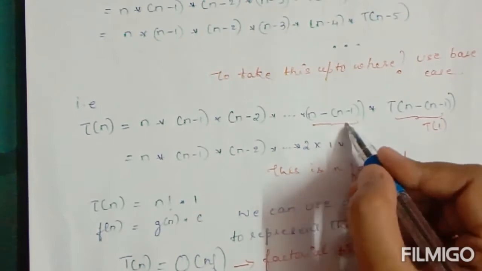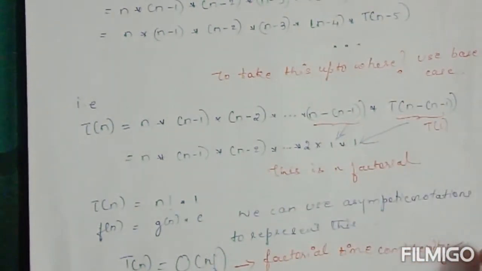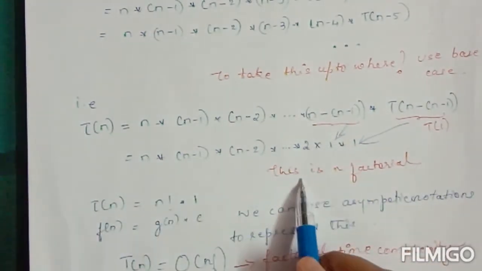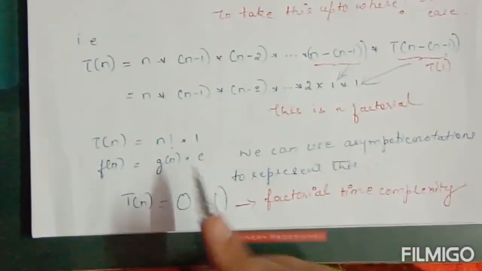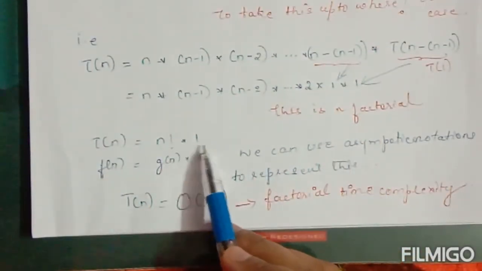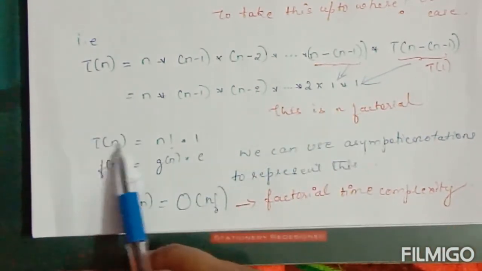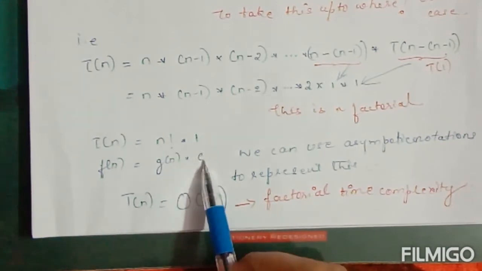This will be the 1. So as you can see, this is nothing but our n factorial, right? So our t of n equals n factorial into this one. So you can see here I can tell this is f of n equal to some g of n into some constant c.